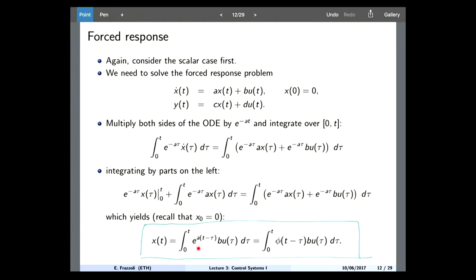Now, this horrible expression is something that is called a convolution integral. You can look at it this way: it looks at the effect of an input given at time tau after time t minus tau has elapsed, and you do this for all possible taus so that you get the total response.